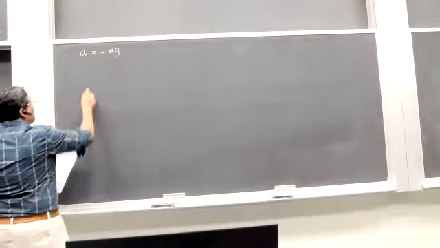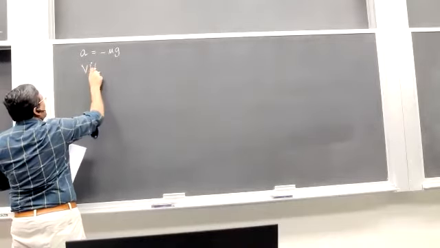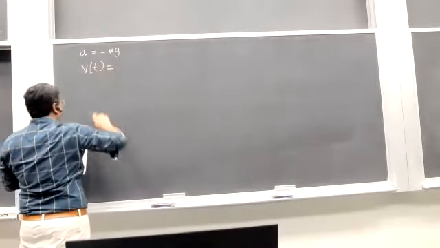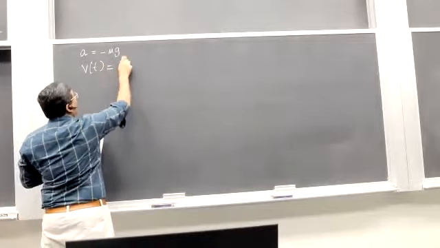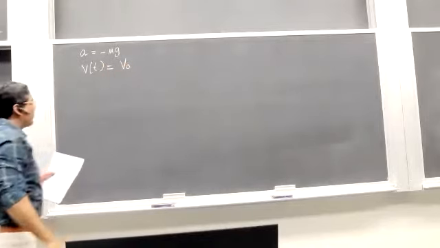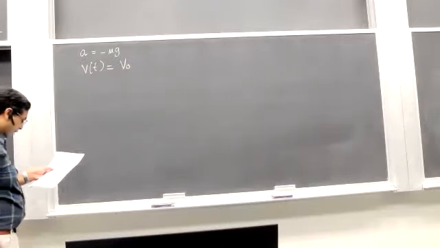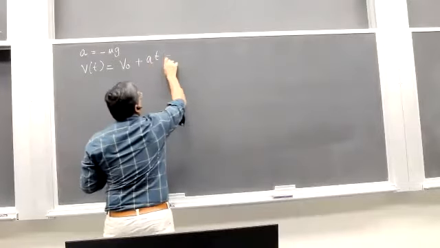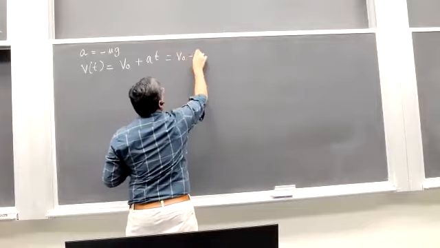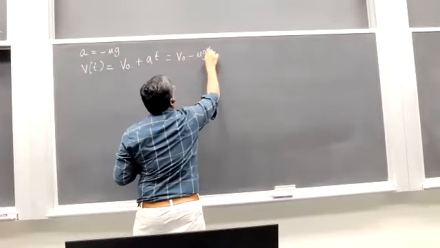So what would be its velocity at time t if in the beginning its initial velocity is v naught? Minus mu g t, and that means v t equals v naught minus mu g t. Very good.